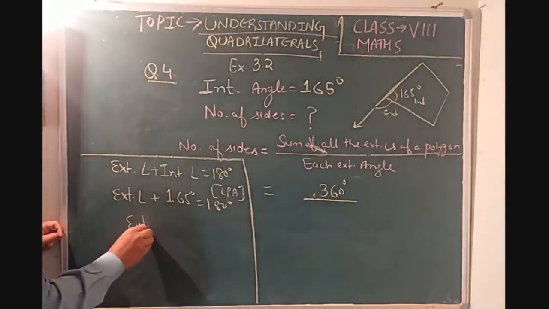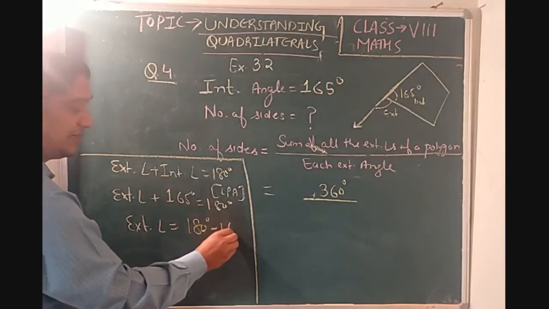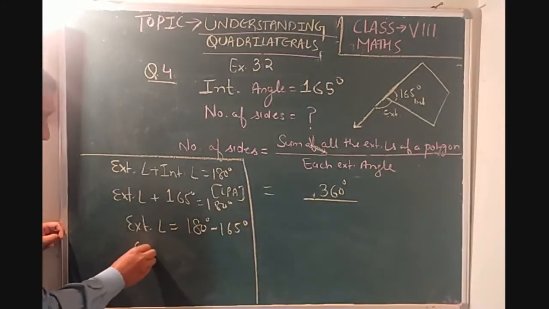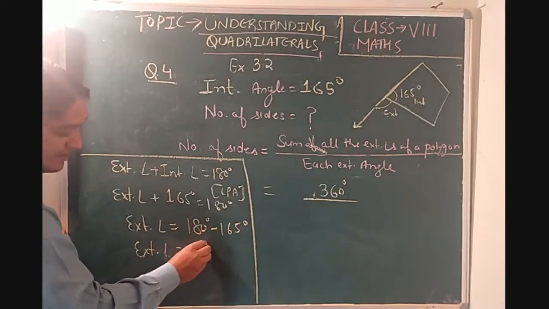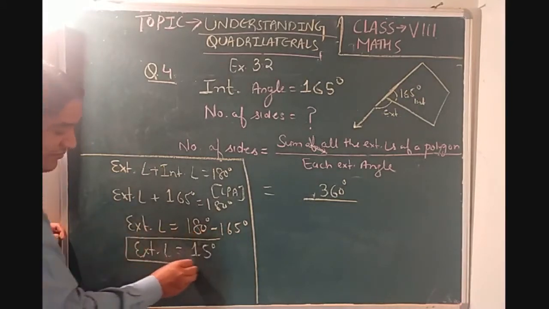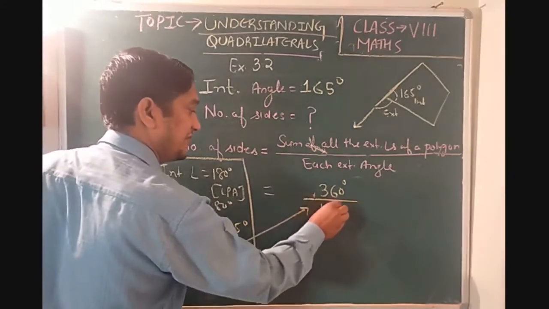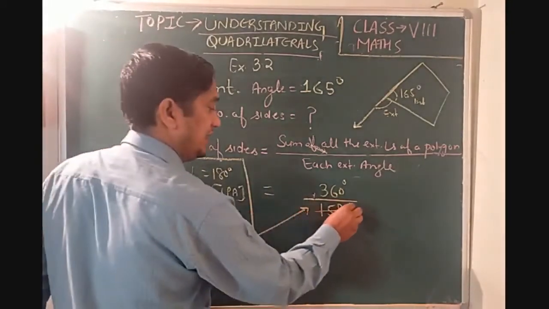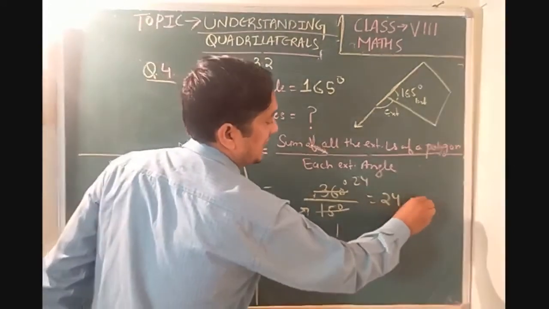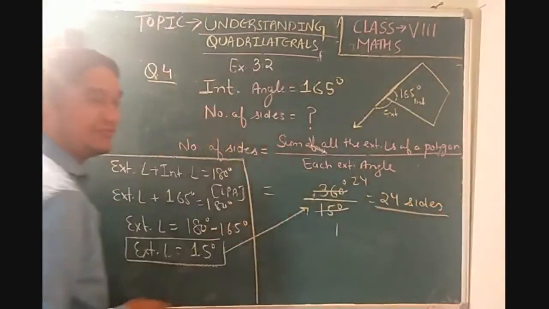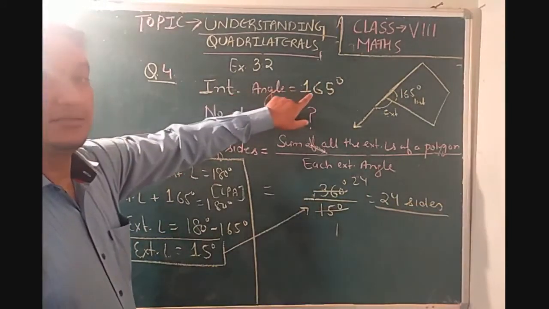So the exterior angle is equal to 180 degree minus 165 degree, which is 15 degree. Now substitute here 15 degree. We divide 360 by 15 and get 24 sides. Here we have 24 sides if an interior angle is 165 degree.